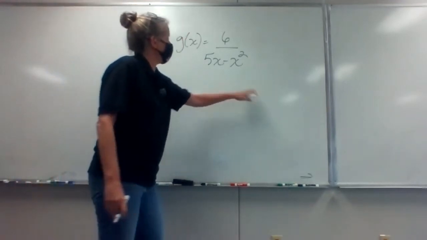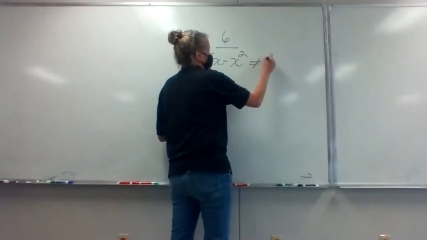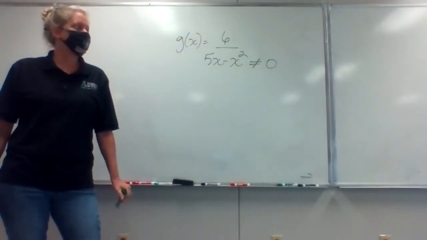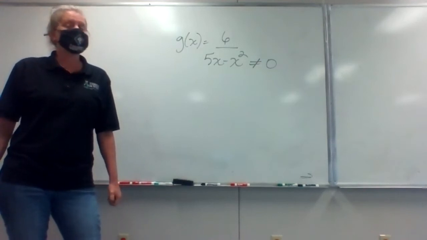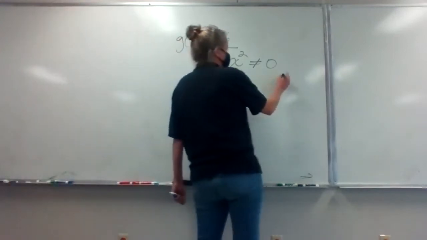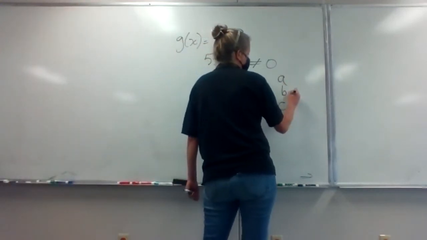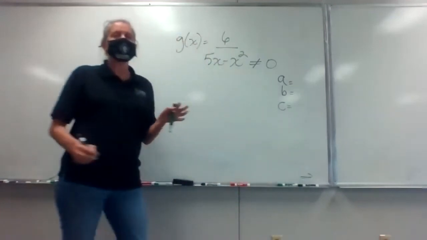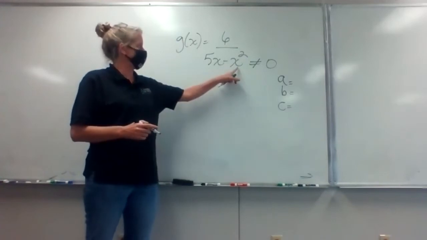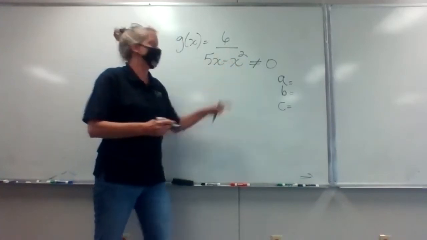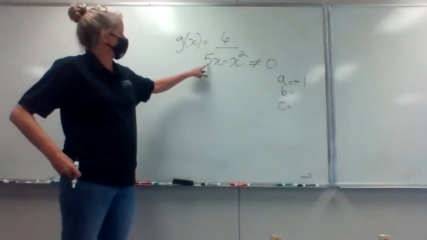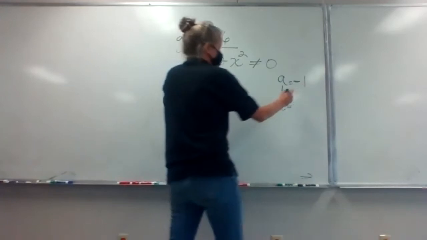So on this one, again, the denominator can't equal 0. It is quad, right? Because x squared is my highest exponent. Just be careful when you're typing in your A, B, and C. Doesn't matter where the terms are, the A is what's in front of the squared term. What is in front of the squared term? Good, -1.